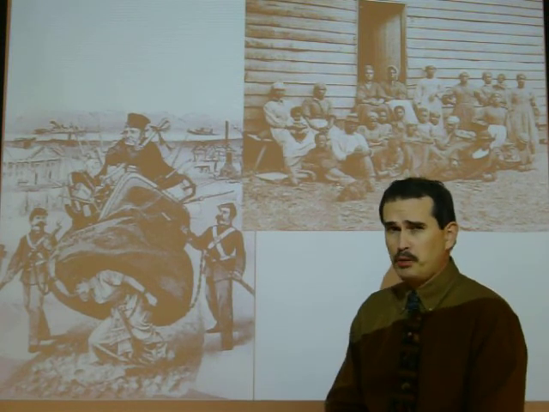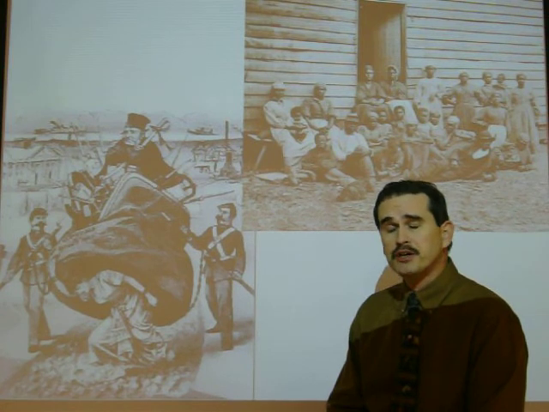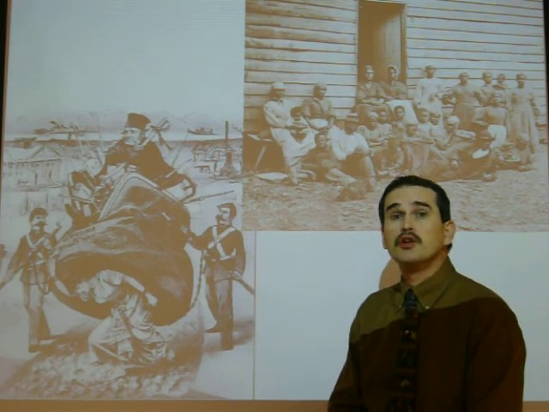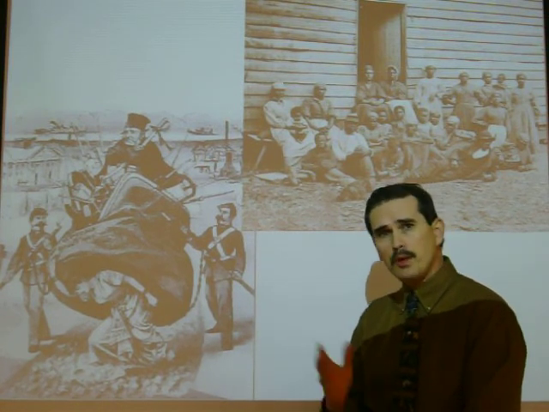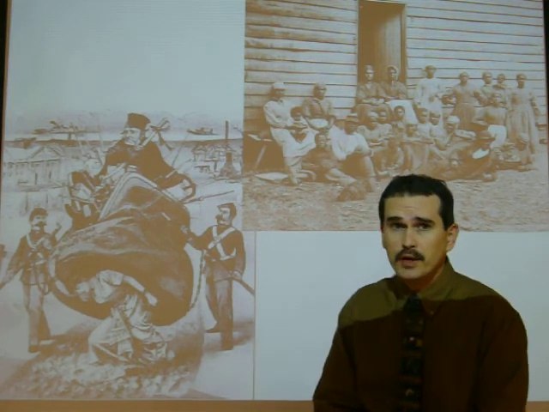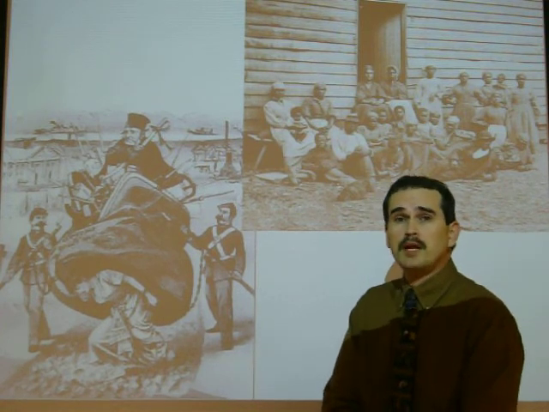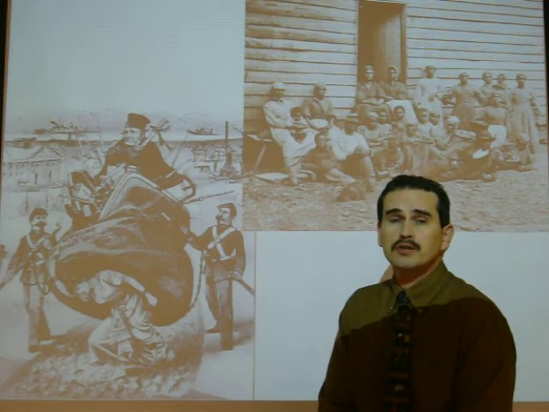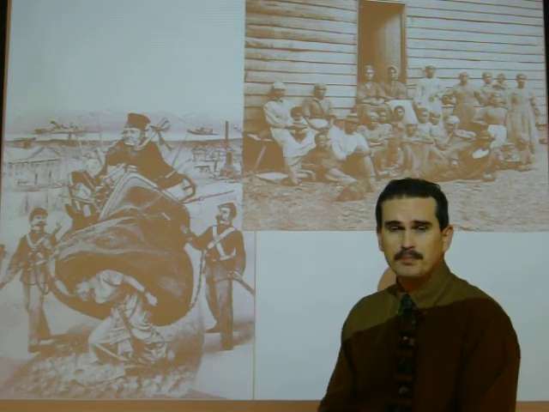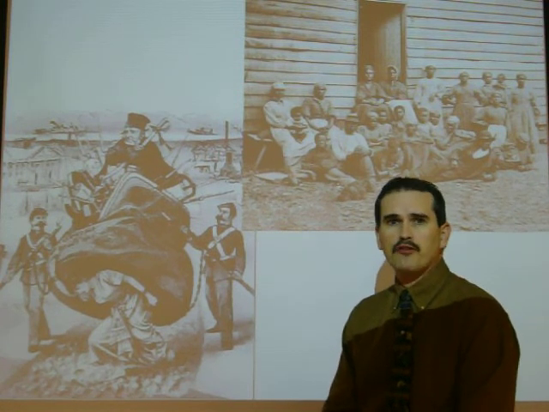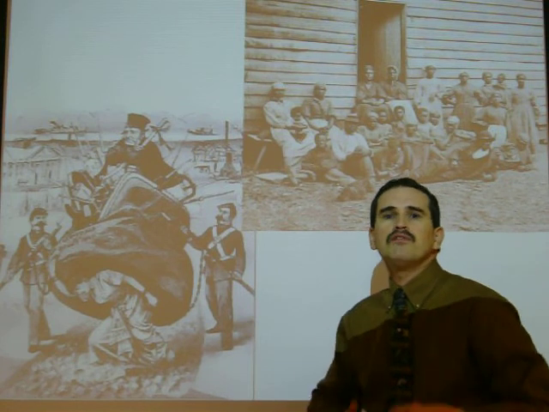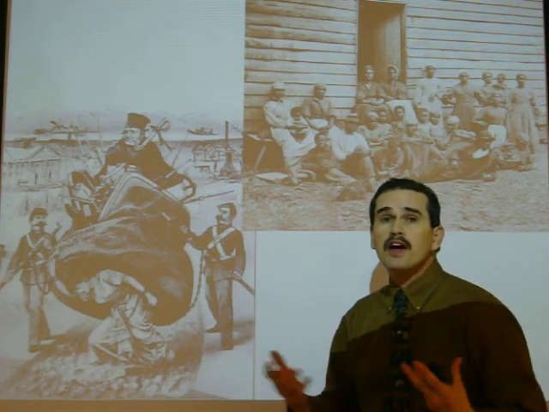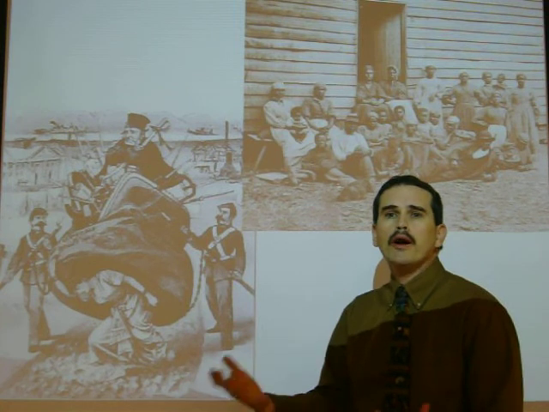Also, another group of people who are going to be challenged during this time period are the freedmen, the newly freed slaves. The 13th Amendment has ended slavery. The 14th and 15th Amendment have granted them citizenship and the right to vote. But even with all these newfound freedoms, they still have no place to go. They've left the plantation, and where do they go?